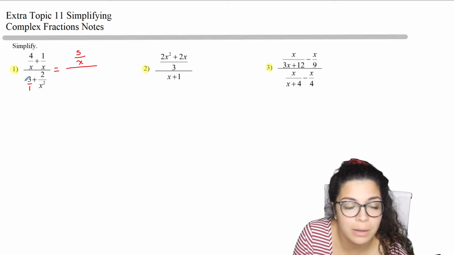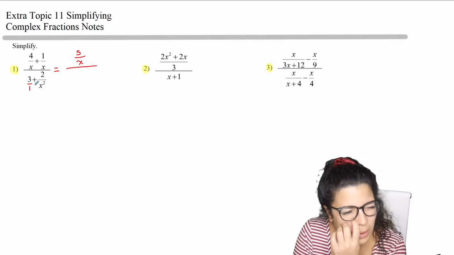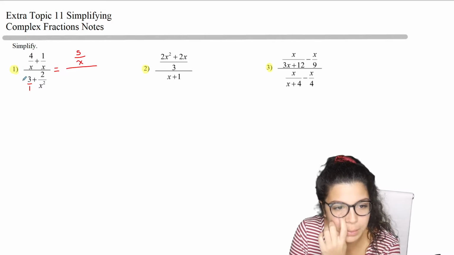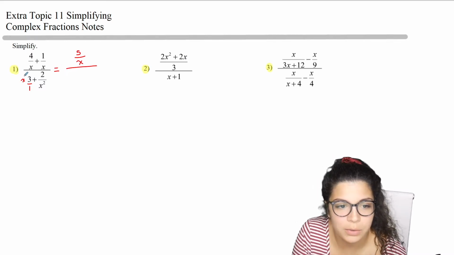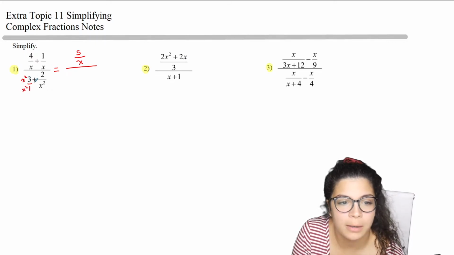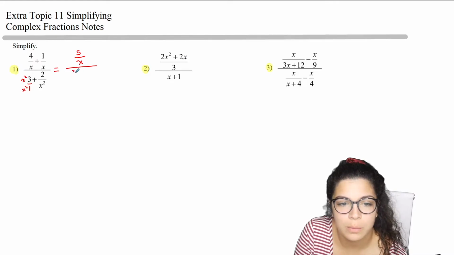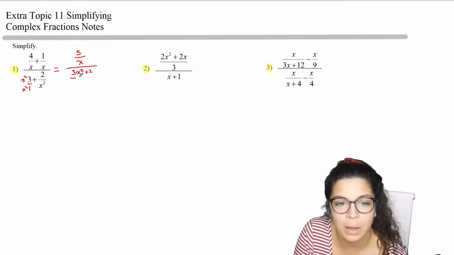In the denominator, however, we are going to have to change the denominator 1 to be x squared, so we're going to multiply x squared on the top and the bottom. So that gives us 3x squared over x squared. So 3x squared plus 2, and then the denominator of x squared stays the same.